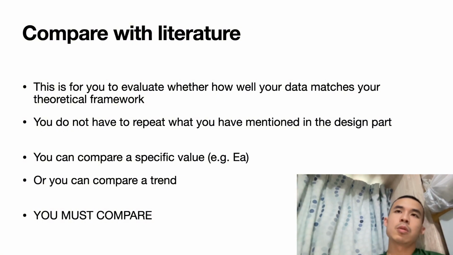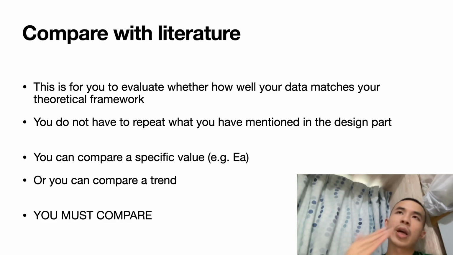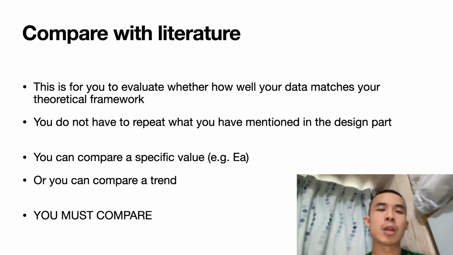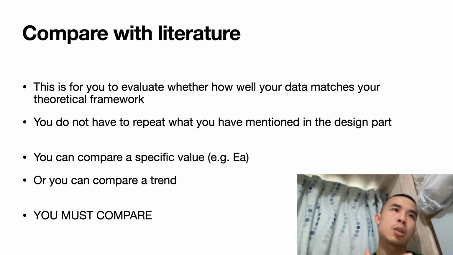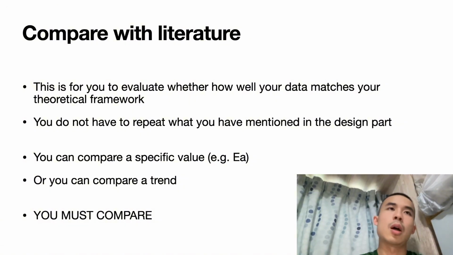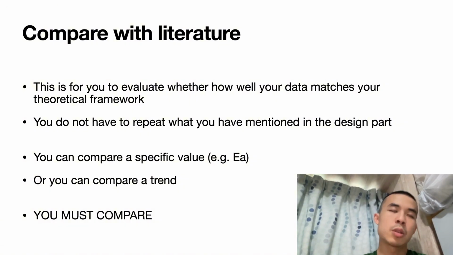Now, for example, let's say you're comparing a trend. Is your trend or the slope or anything, is your mathematical equation higher or less than expected? All these things do take into account on comparing.